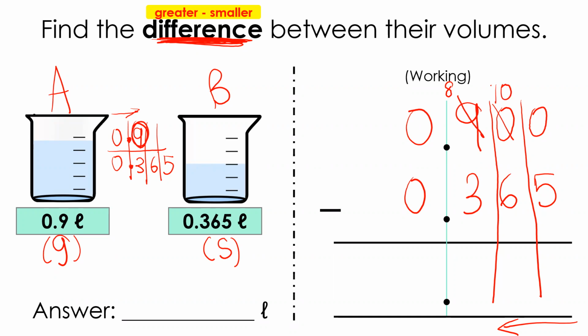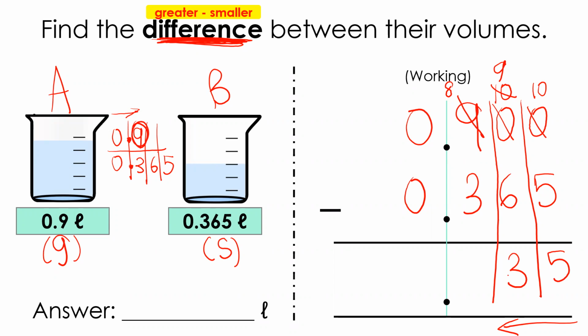And now I can regroup hundredths into 10 thousandths. Okay, so 10 thousandths minus 5 thousandths will give me 5 thousandths. Okay, then 9 hundredths minus 6 hundredths will give me 3 hundredths.